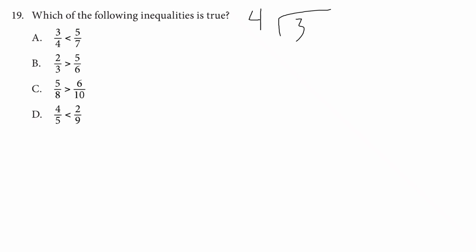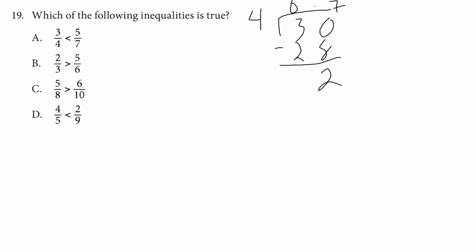4 can't go into 3. Put a 0 here. We add a 0 here. When we add that first 0, put our decimal. 4 goes into 30 7 times. 7 times 4 is 28. 30 minus 28 is 2.